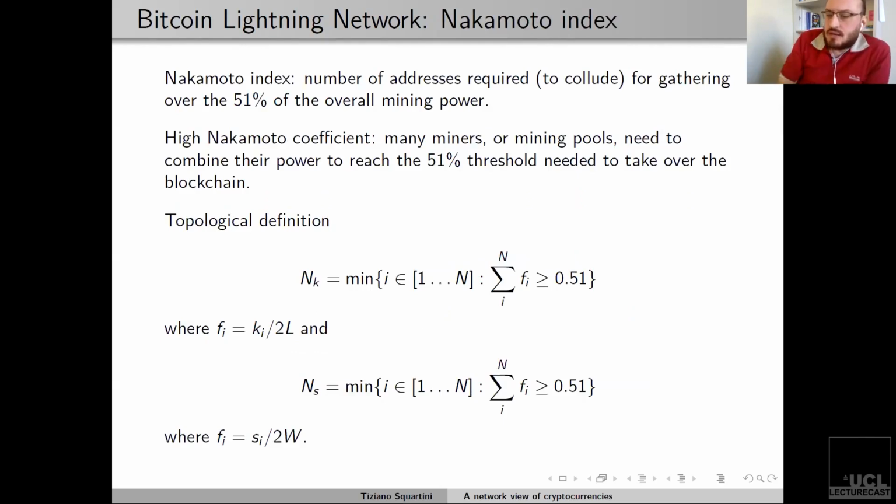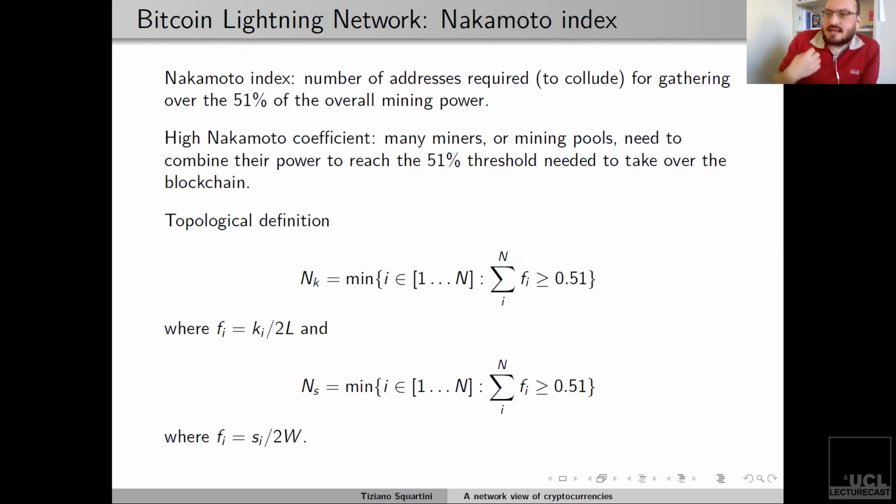Okay, so let's say, one of the most interesting questions that we asked studying cryptocurrencies is the one about the centralization. So in principle, cryptocurrencies are designed to be decentralized payment systems. What about the topological centralization? So in networks, there exist many quantities that try to capture the importance of a node, and these are the centrality measures.